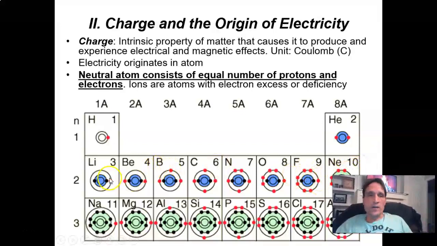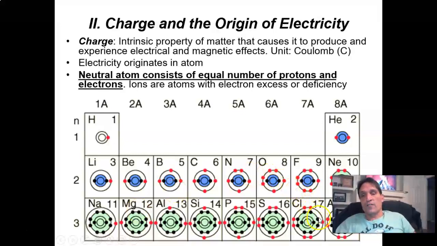And so when lithium and fluorine get together, or when sodium and chlorine tend to get together, the atom on the left side tends to be more willing to give up its outer electron to make the atom on the right side happy. So then they both have a full shell.